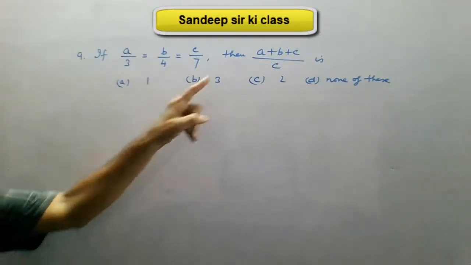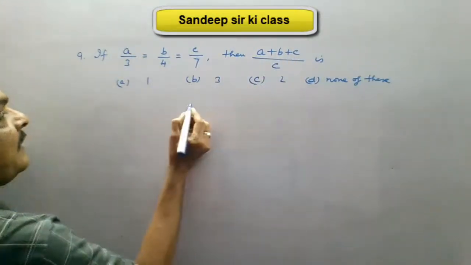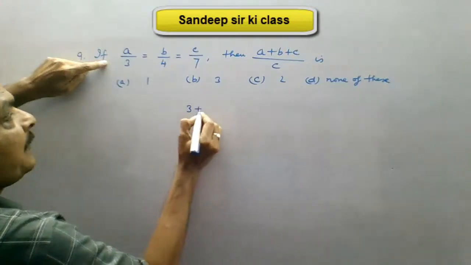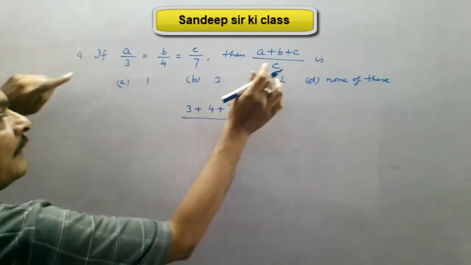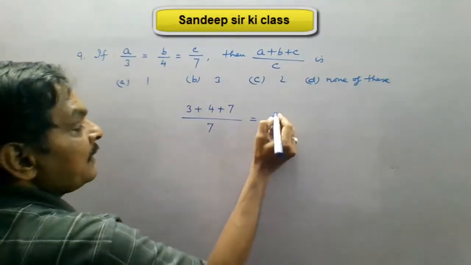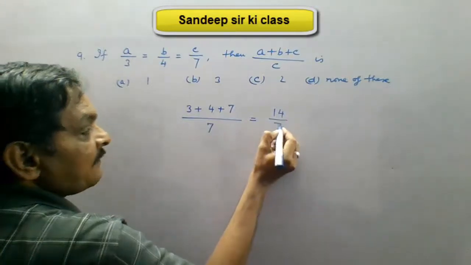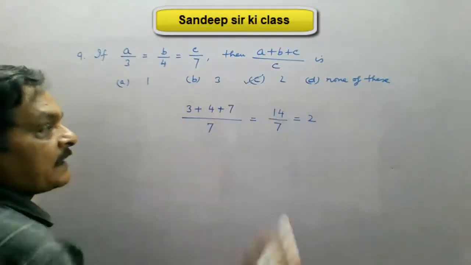And these values, if I directly put here, then A plus B plus C will be 3 plus 4 plus 7 upon value of C I am taking as 7. This comes to be 14 upon 7, which is 2. So the option C is correct.